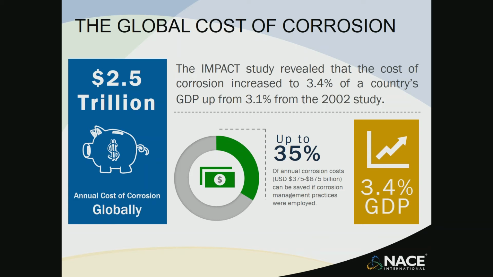The impact study estimate was established utilizing publicly available studies from around the world. Regardless of what country a study was done in, whether it was China, the UK, Australia, or Japan, and all those country studies were included, all of those countries had a cost of corrosion that ranged somewhere between 3 and 5%.